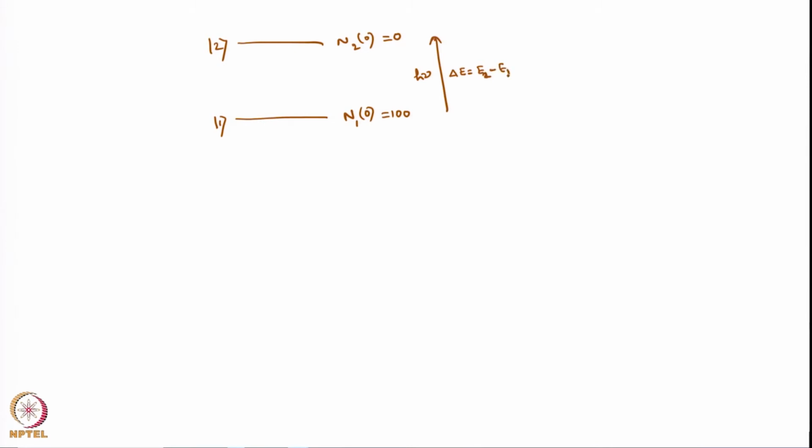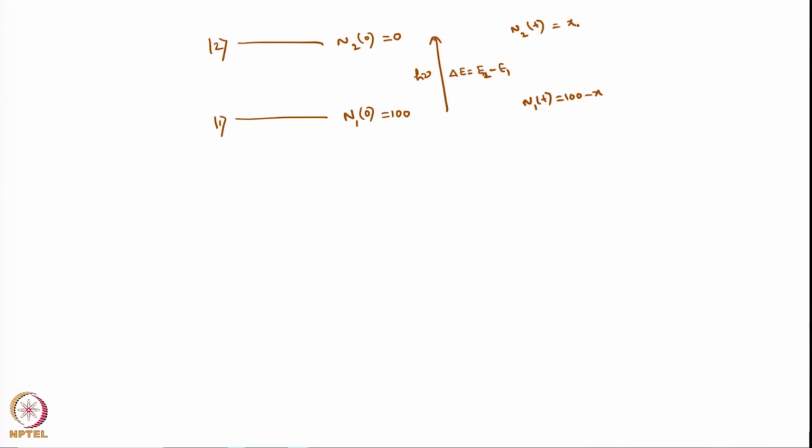You will transfer some population, say x%, to state 2. So at time t, n1 will be 100 minus x, and n2 of t will be equal to x.